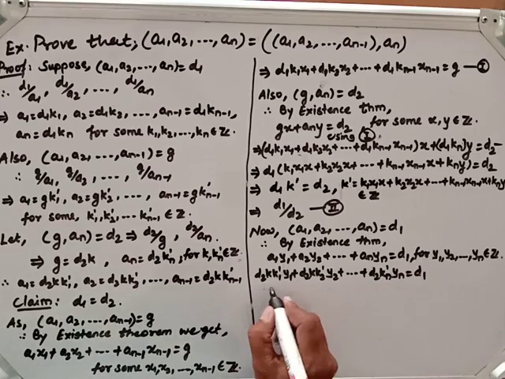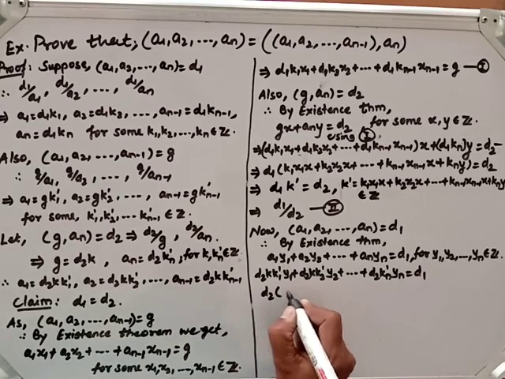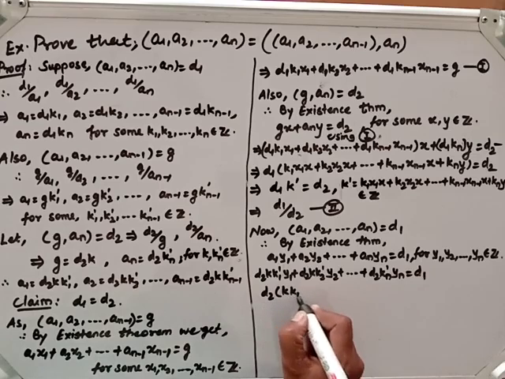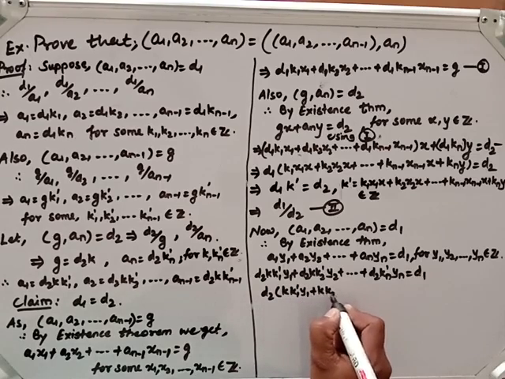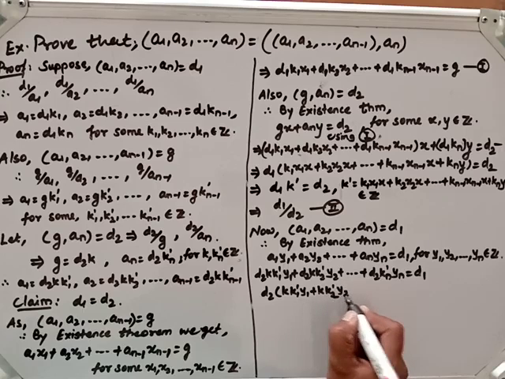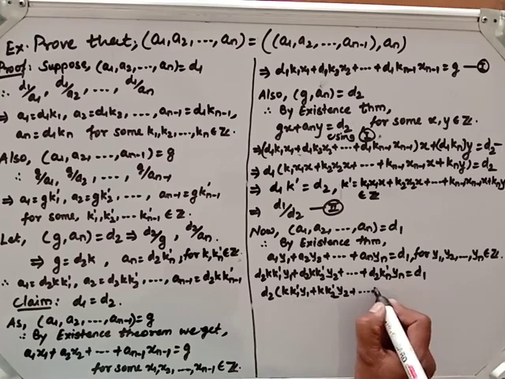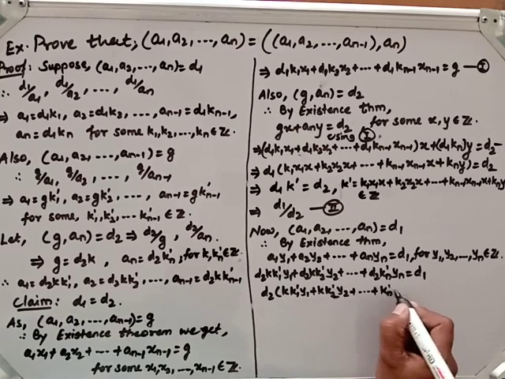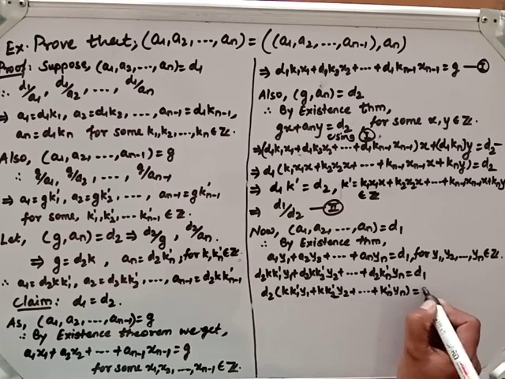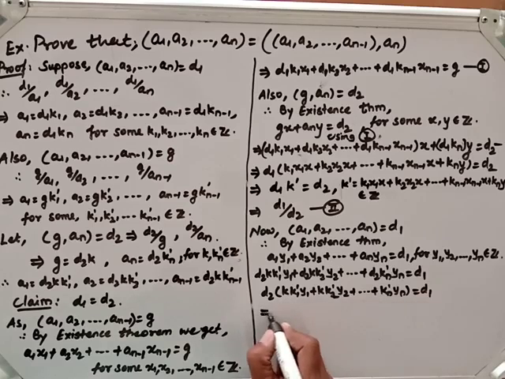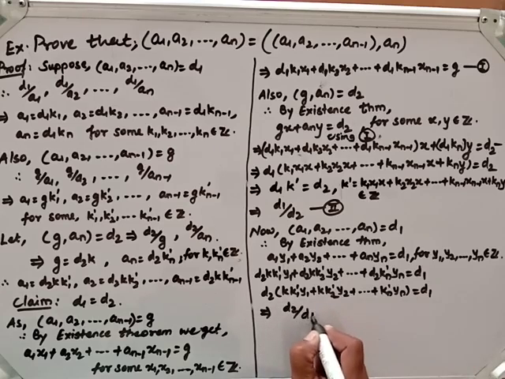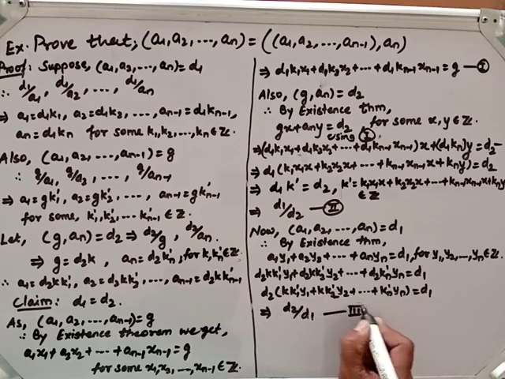So now we take d2 common: d2 times k1 dash y1 plus k2 dash y2 plus so on up to kn dash yn equal to d1. This is again an integer. So this step shows d2 divides d1. Call it equation number 3.